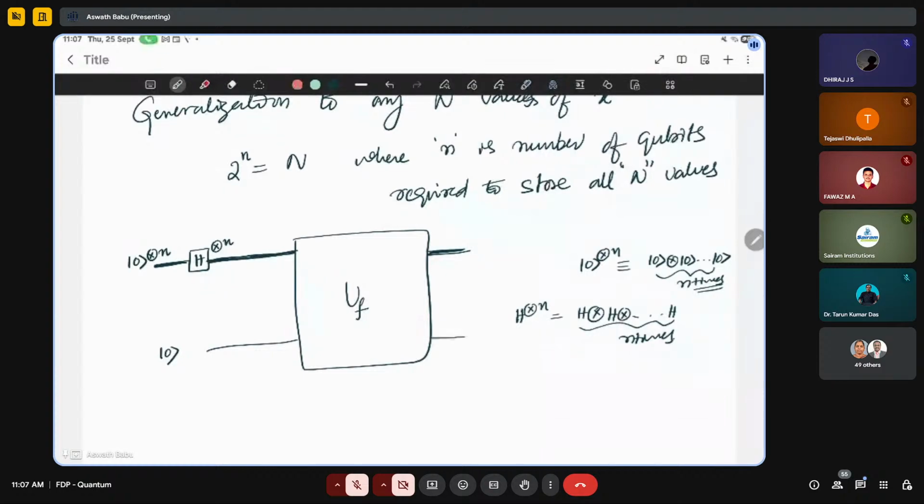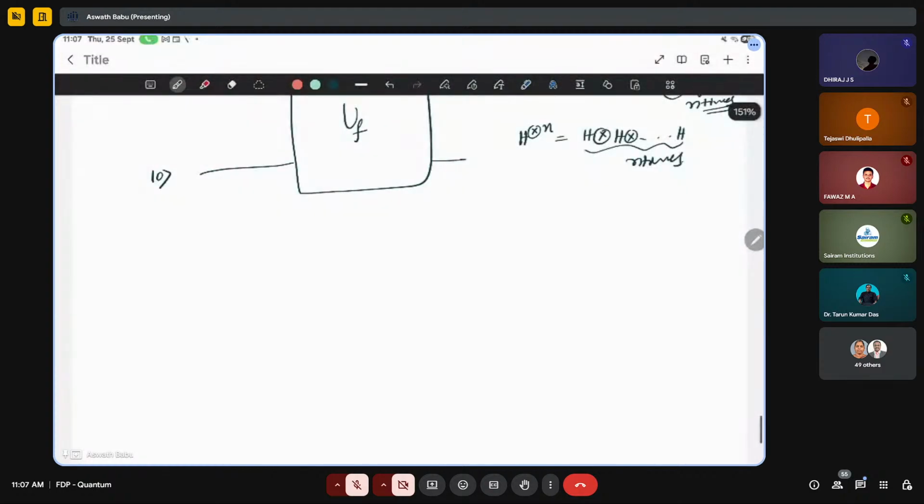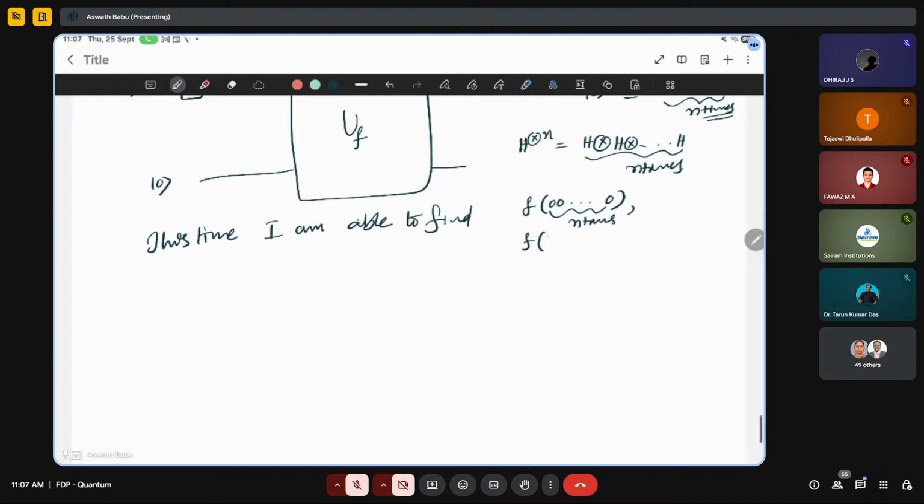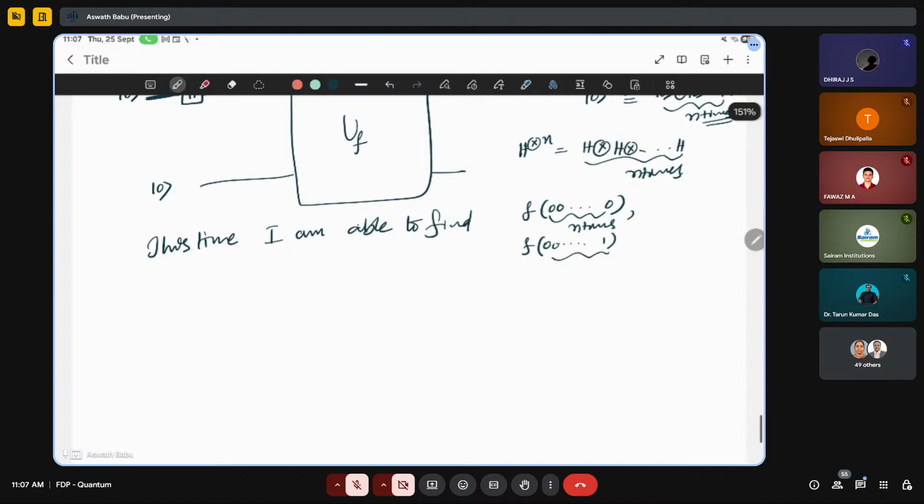And this time I am able to find how many values? f(0,0,...,0) n times, comma f(0,0,...,0,1).